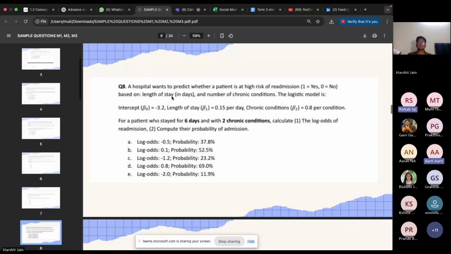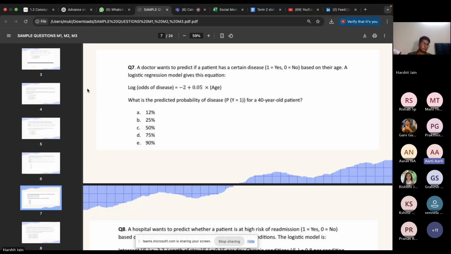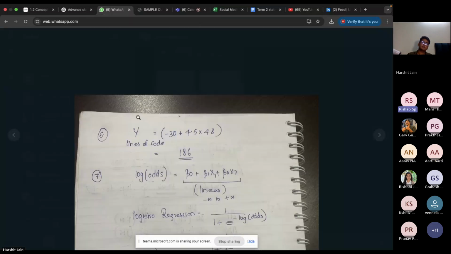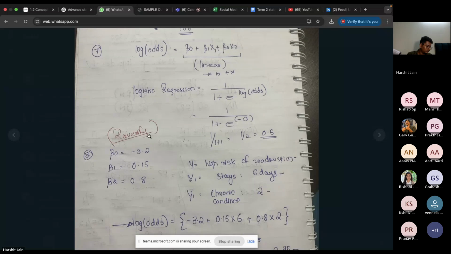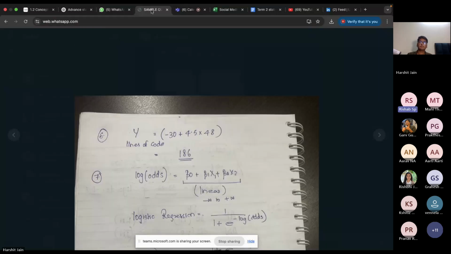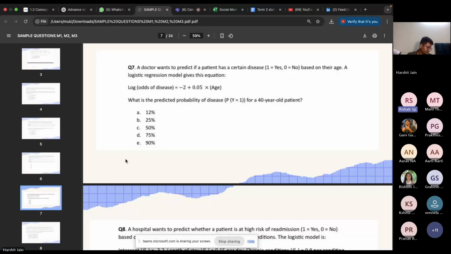Sorry to interrupt, but how did you calculate log odds here? Log odds, we have to use the calculator, ln function. You were there in the last session, right? Yeah, I was there. I'm just a little bit confused. Can you show the question once more, Harshit? I'll explain. So here we have minus 2 plus 0.05 into age, right? What's the age? Age is 40. 40 into 0.05 is equal to 2, right?